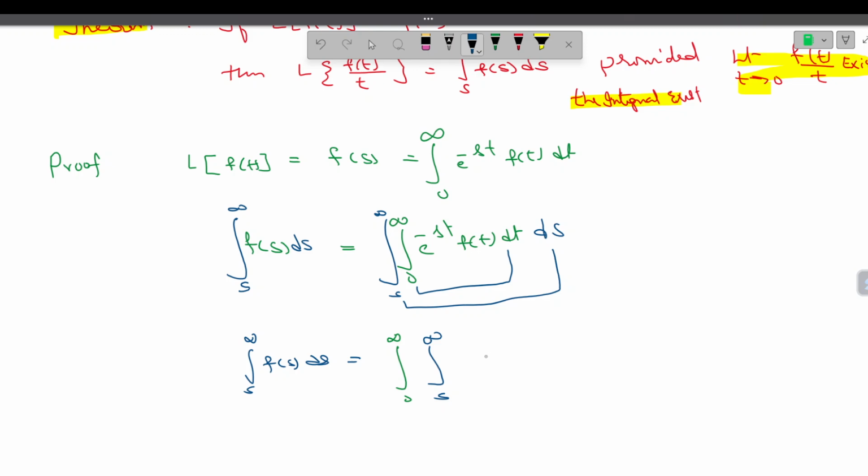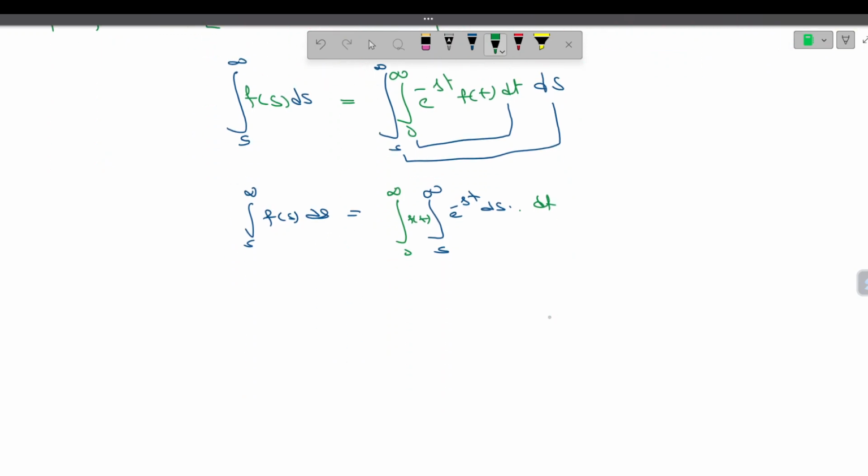I am interchanging, so it will be the integral from s to infinity of e to the power of minus st ds, and f of t dt. I am writing here f of t and dt.